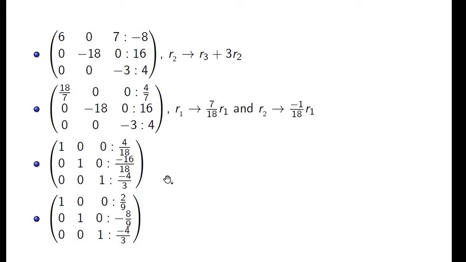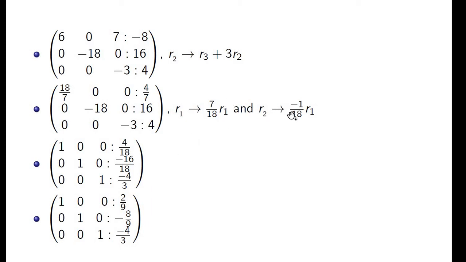Then what we do is, this system is not yet in row canonical form because our pivots are not 1. We need to get all the pivot entries to +1. So with row 1, we divide everything in row 1 by 7 over 18. So we will get 1, 0, 0 times 4 over 18. 4 over 7 times 7 over 18 is just 4 over 18, right?